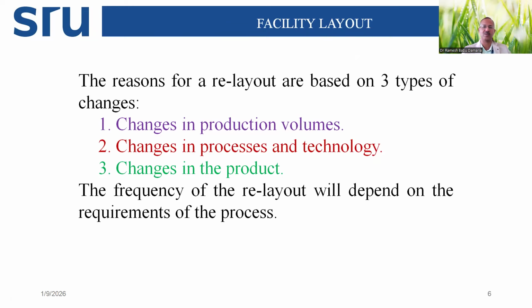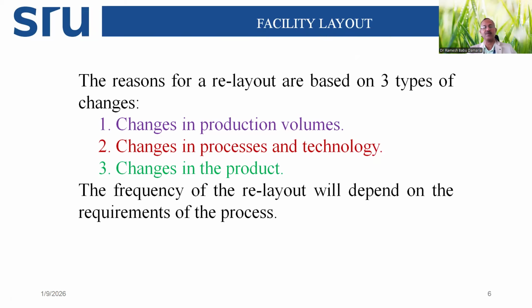If the company grows, turnover increases, the volumes increase, you need to re-layout the facility to accommodate more production. Or sometimes there is a change in the process and technology. Again, a re-layout may be required. And when there is a change in the product characteristics itself, re-layout is required.